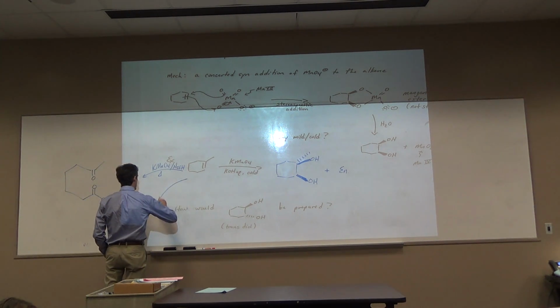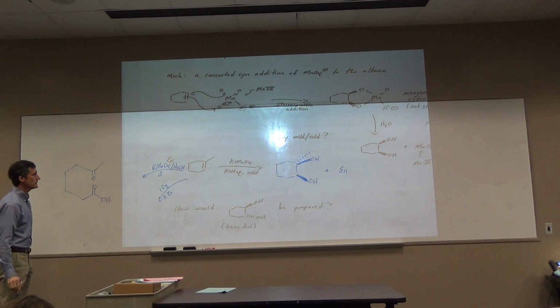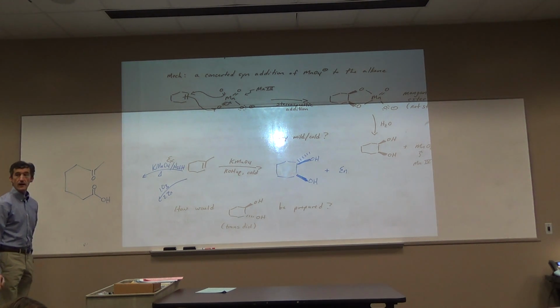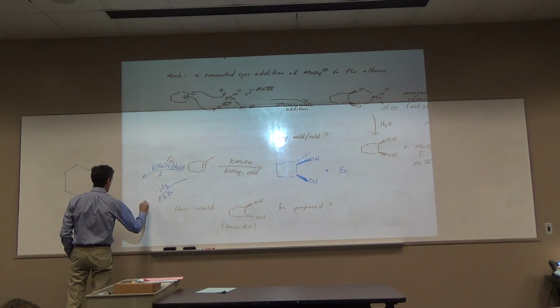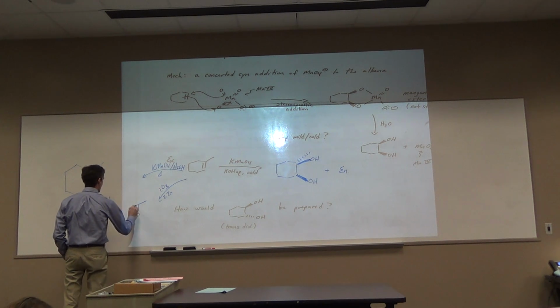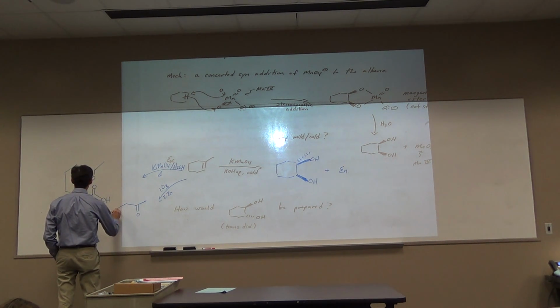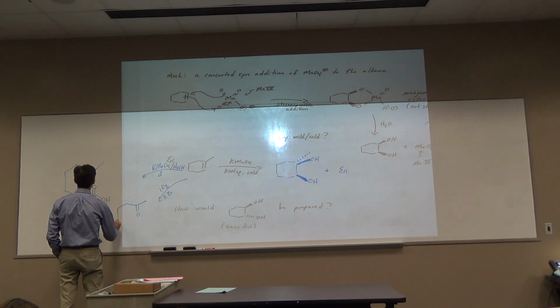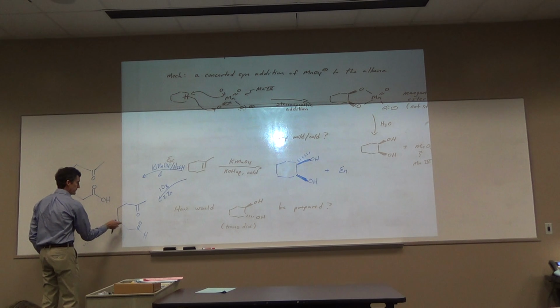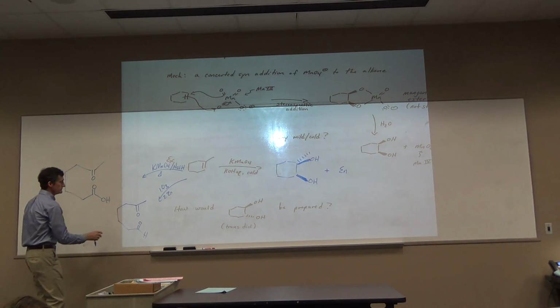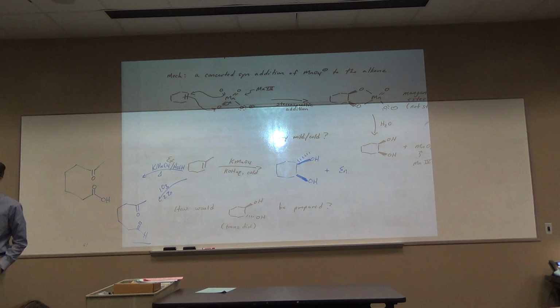What if we treated this with ozone followed by zinc? Cleavage of alkene to give what? It'd be the same thing, except the aldehyde survives if you use ozonolysis, right?